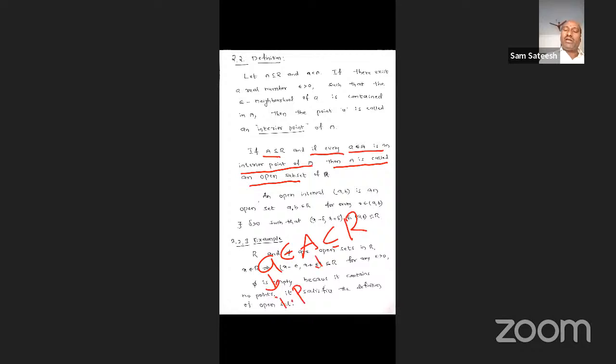Here capital A is called an open subset. R means the set. Now this is the inner meaning of the above lines.